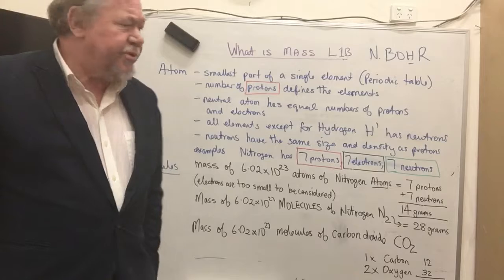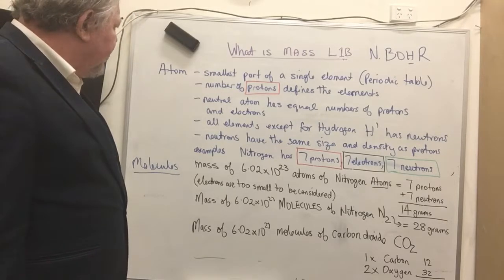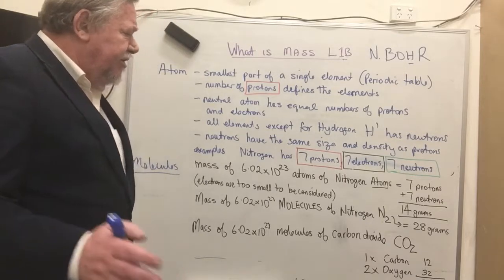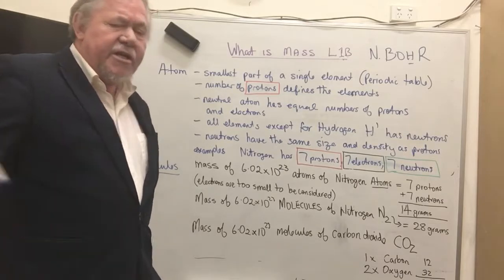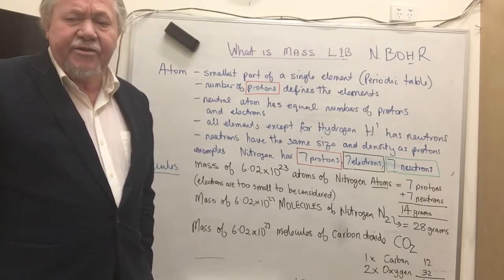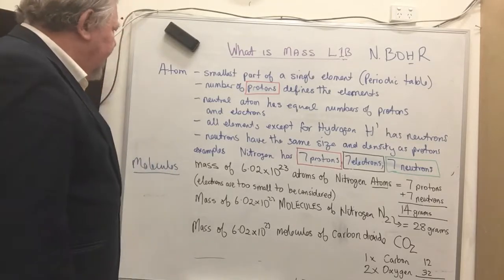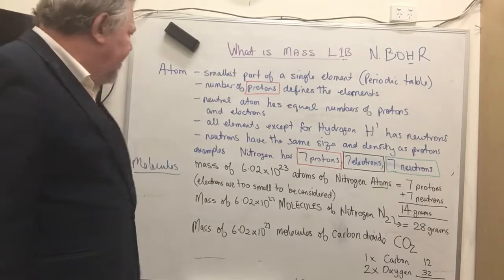So let's proceed. The number of protons defines the elements. In other words, the difference between one element and another really comes down to the number of protons that it has. A neutral atom has an equal number of protons and electrons.